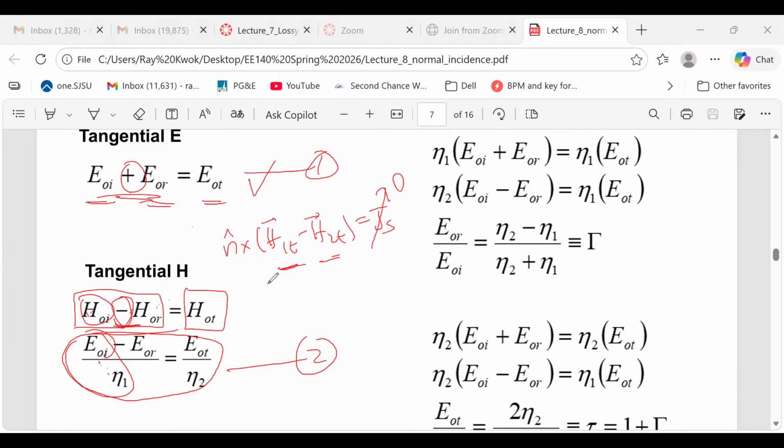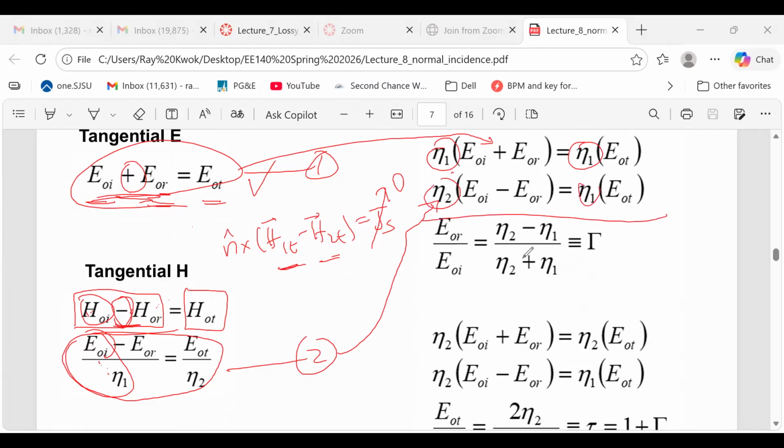So this is one equation, two equations, and then I combine them. Based on the first equation, I multiply eta 1 on both sides, and then I bring equation 2 up here, eta 2, eta 1 here, and then I can add them together to get rid of R, and then subtract them to get rid of I, for example.